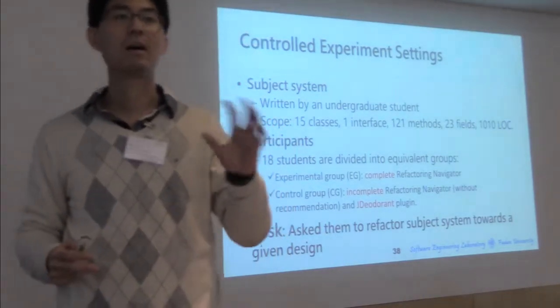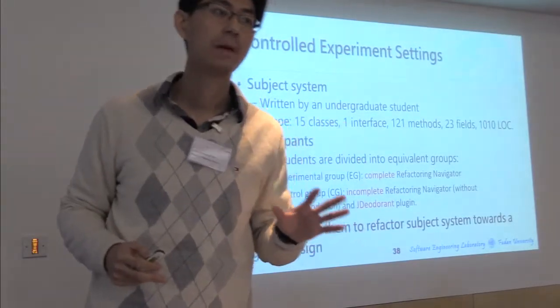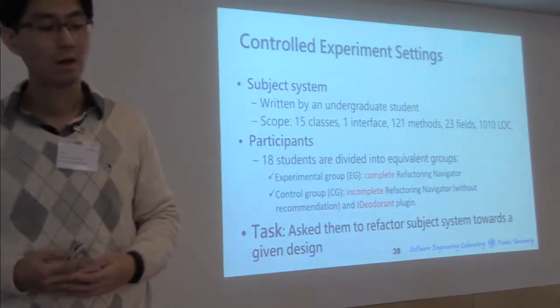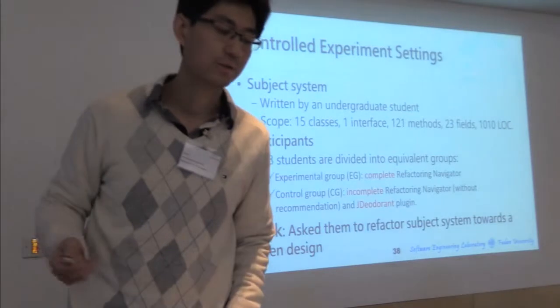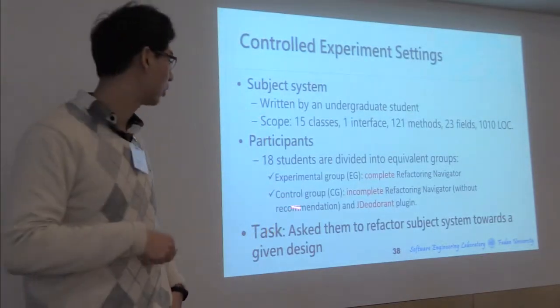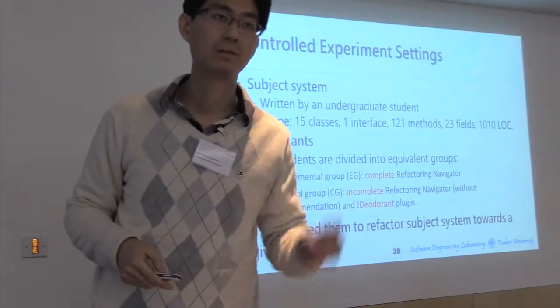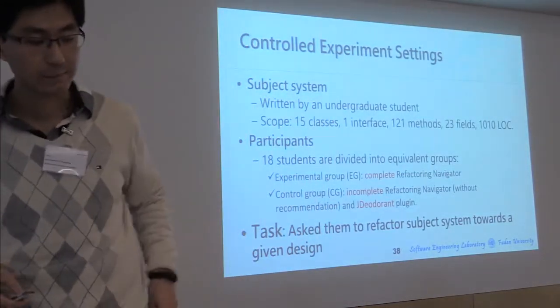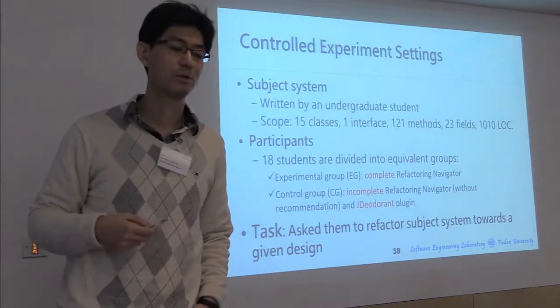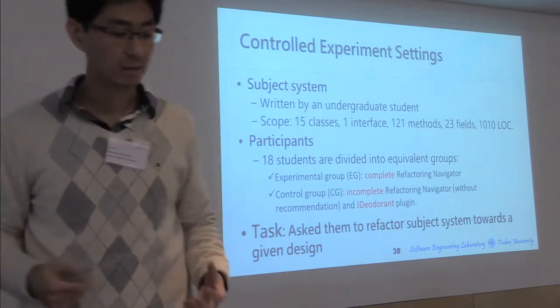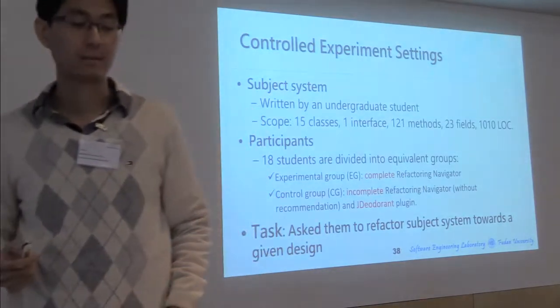That means they are allowed to use the reflection model, but they do not have the facility of recommendations. In addition, they were also equipped with the Eclipse refactoring plugin so that they can select the best move and apply the refactoring automatically. Their task is to refactor the subject system into a given design.